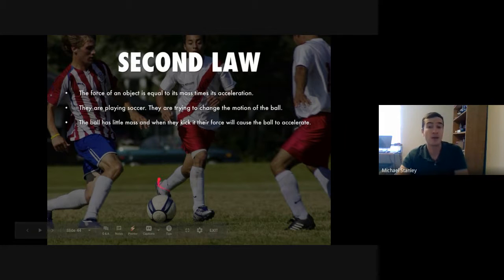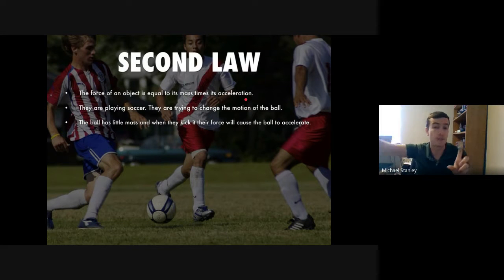And so if you know how heavy the ball is, its mass, and you measure how quickly that ball accelerates after you kick it, you'll be able to measure how much force you put into kicking the ball. So you'll be able to calculate how much force it took you to move a ball of that size that quickly with that much acceleration.